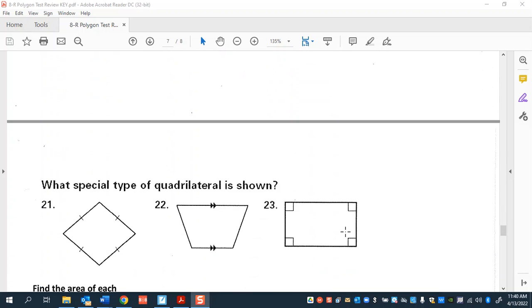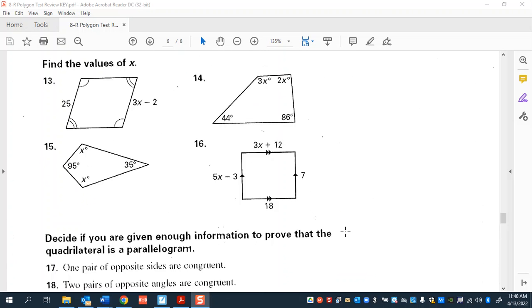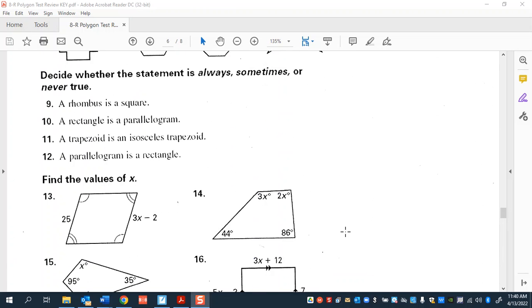Sorry, can you explain this sometimes, always, never? Sure. So decide if you have enough information. A rhombus is sometimes a square. A square is always a rhombus. See the difference? A rectangle is always a parallelogram. A parallelogram is sometimes a rectangle.